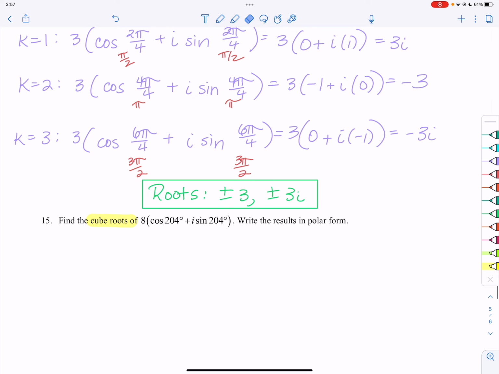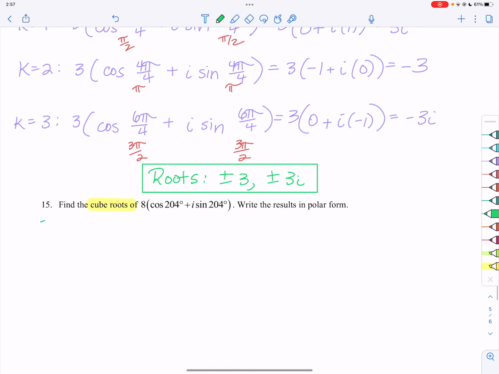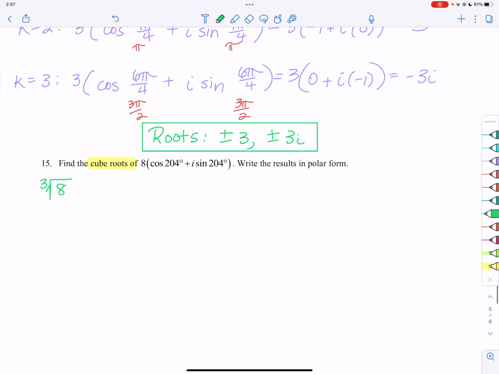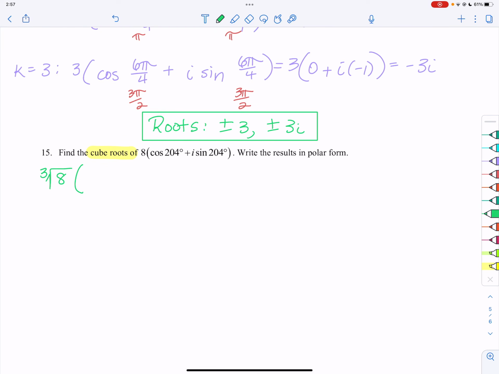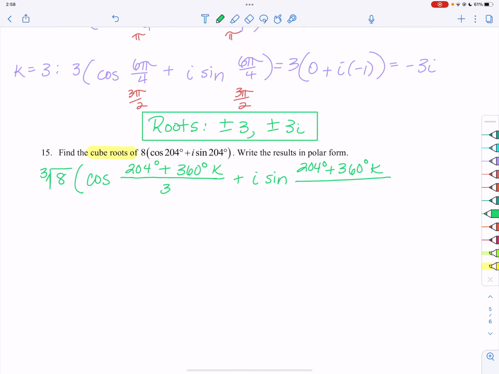So we'll go ahead and begin with the cube root of 8 multiplied by the cosine of 204 degrees plus 360 degrees k, all divided by 3, plus I sine of 204 degrees plus 360 degrees k, all divided by 3.